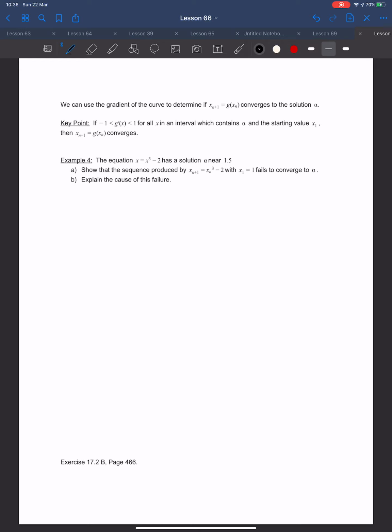So if g dashed of x is between -1 and +1 for all x in the interval which contains alpha and the starting value x, then it will converge. We've got a diagram for that. It feels like you need a diagram. They've just done it as a key point.